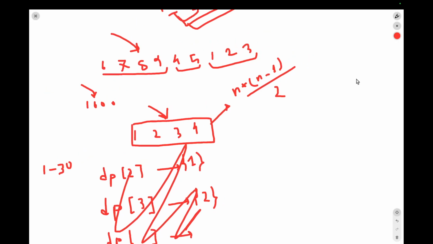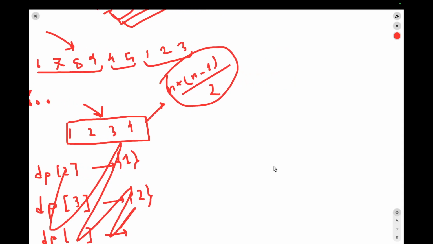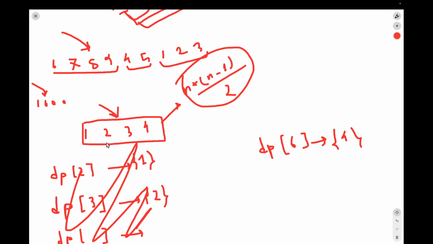Then we can write dp of, let's say if we put 4 here, then 4 into 3 by 2, that is 6. dp of 6 should simply be 4, because there are 6 such subarrays that can be formed, and in every subarray the elements are strictly increasing.